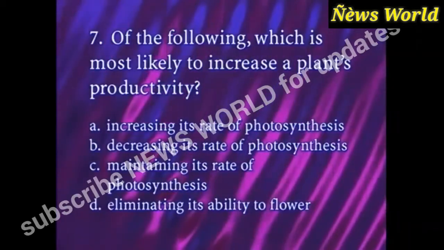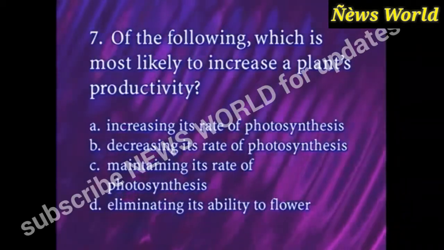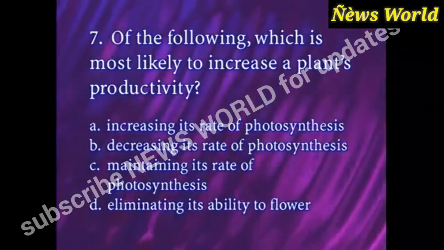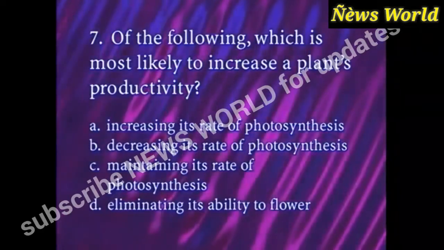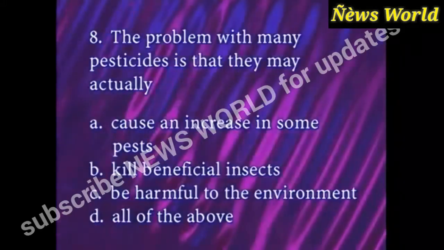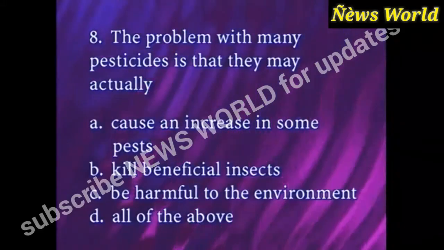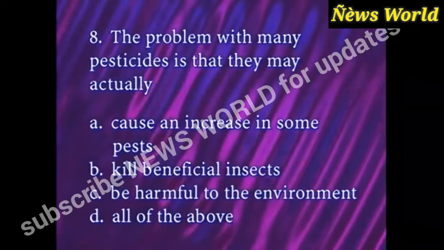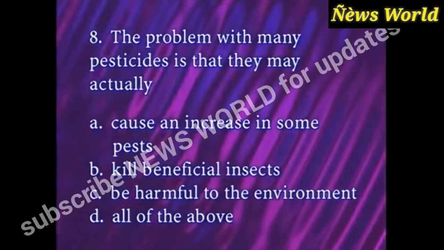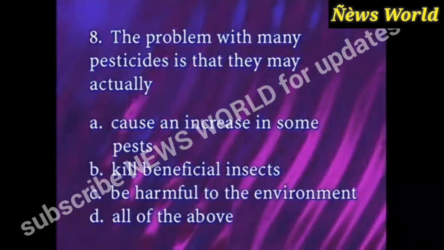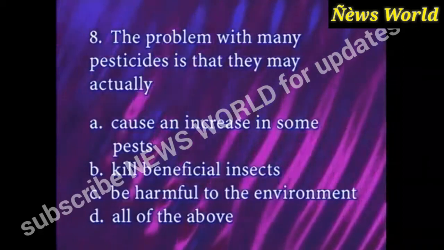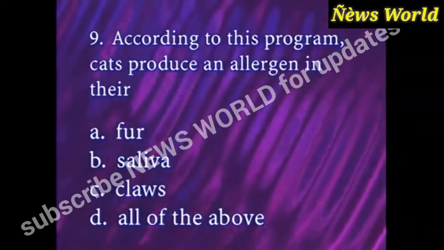A. Increasing its rate of photosynthesis, B. Decreasing its rate of photosynthesis, C. Maintaining its rate of photosynthesis, D. Eliminating its ability to flower. The problem with many pesticides is that they may actually: A. Cause an increase in some pests, B. Kill beneficial insects, C. Be harmful to the environment, D. All of the above.